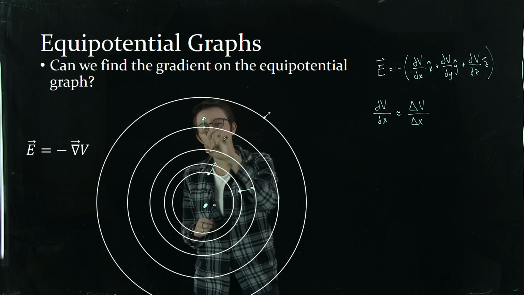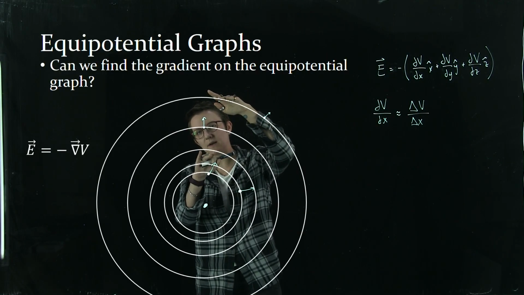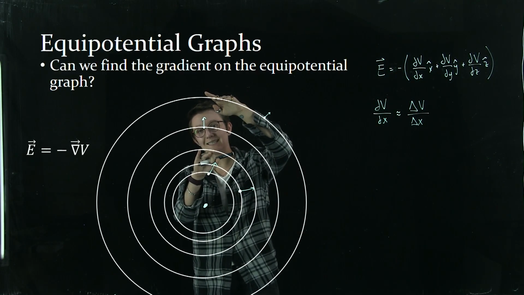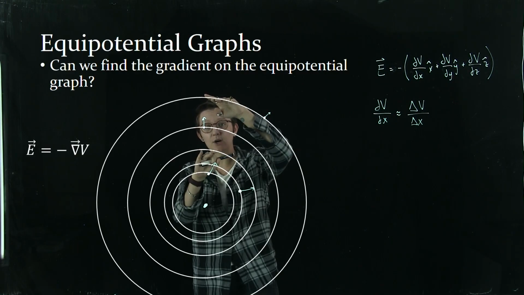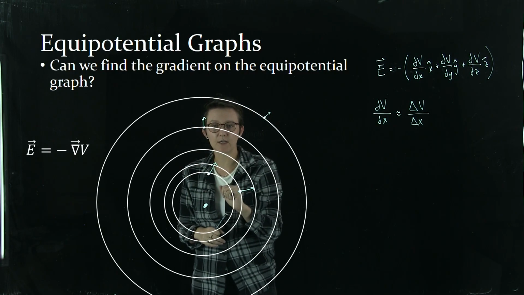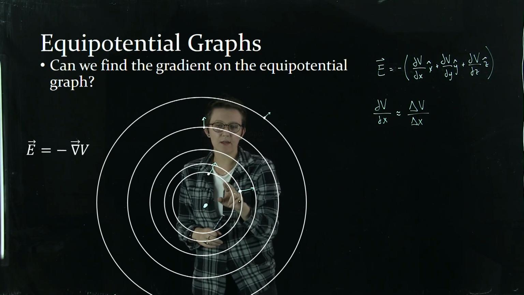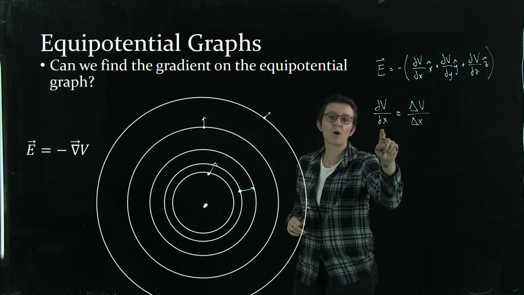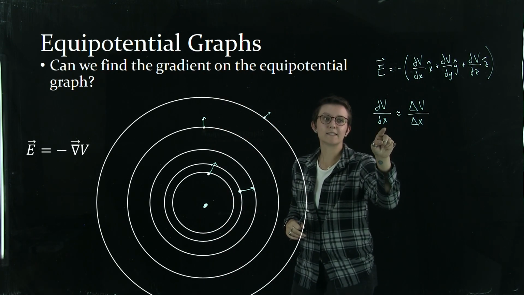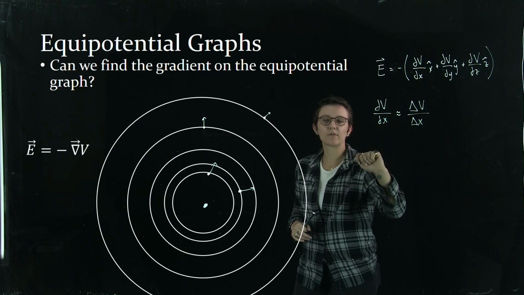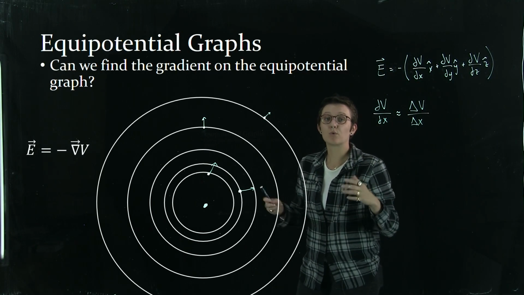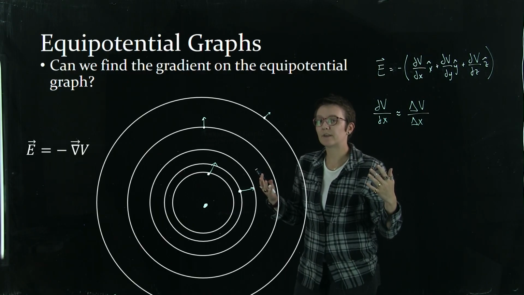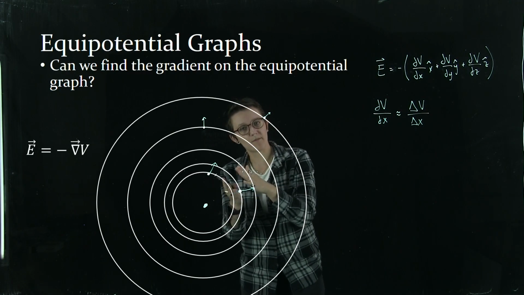So at this point, if I'm looking at this sort of change in my potential here and this distance there, it's much bigger compared to lines in here. These lines are closer together, indicating that you have a smaller delta x or a delta r in the denominator of your gradient, and so you will get a bigger electric field at the locations where you have more dense lines.